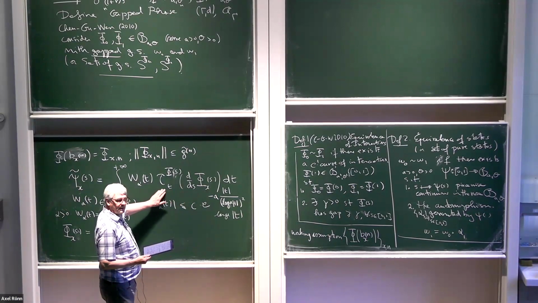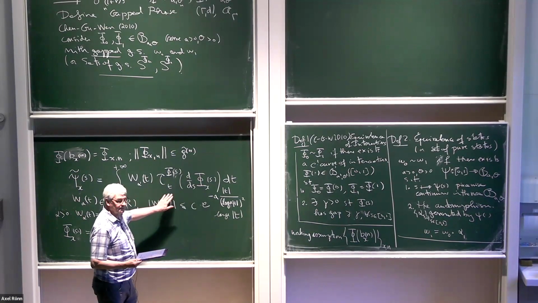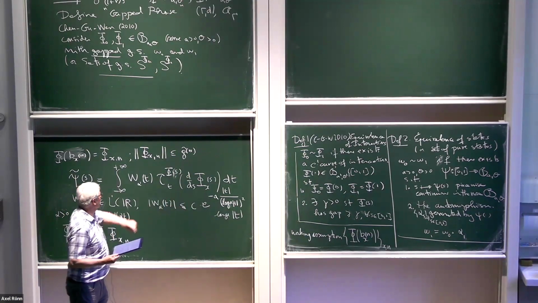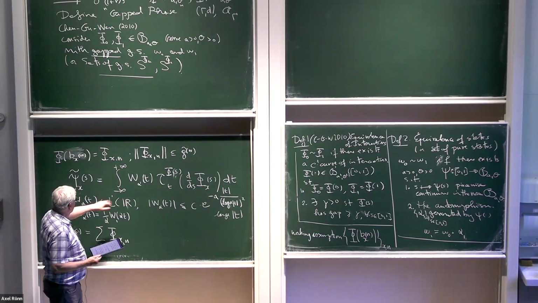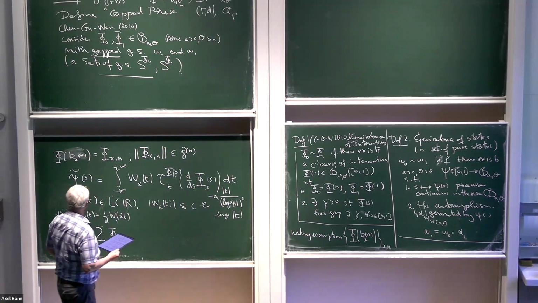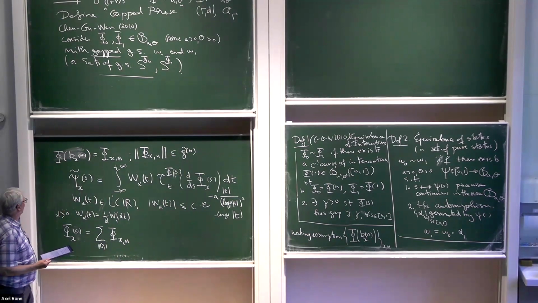I'm going to time evolve it. These interactions are also fast decaying, so I have no problems in bound. So this will be well localized in time. For a fixed time, they will be well localized in space. This function here is a function of rapid decay also. So clearly that's well defined.